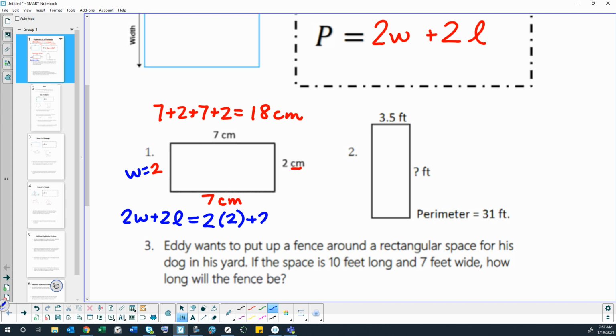And then I can put a 7 where the L is, because that's the length. And then multiply. Remember, order of operations, you multiply before you add. So 2 times 2 is 4, and 2 times 7 is 14. And together, 4 plus 14 adds up to 18.